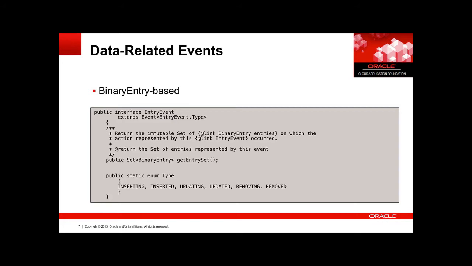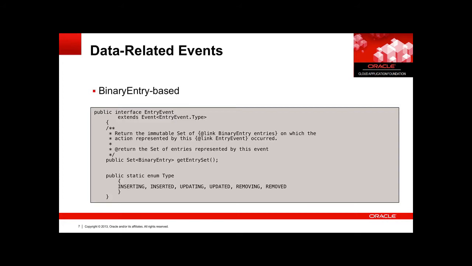The event itself takes in a generic, and that generic is an enum type. And we can see that enum type is defined further in the interface. This enum type defines all the various forms that the entry event may take. So the entry event may be delivered as an inserting, inserted, updating, updated, removing, or removed event.